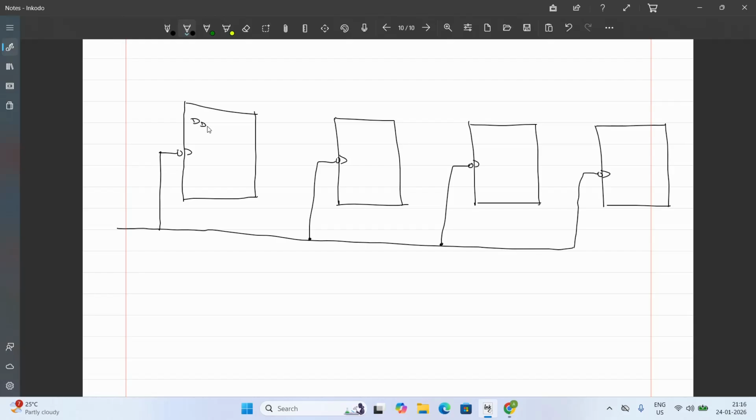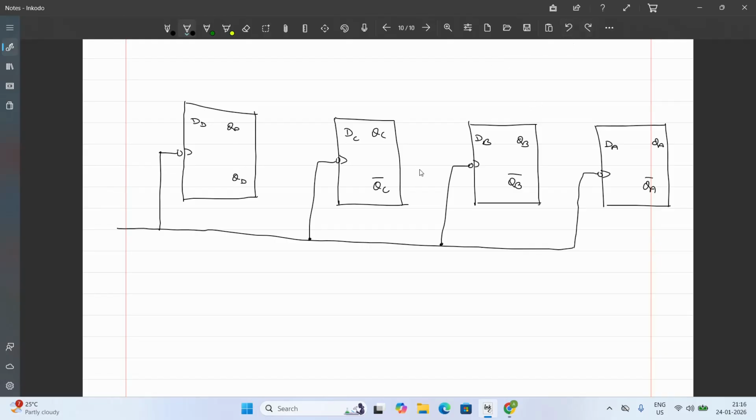And you have a D flip-flop, so only one input will be there: DD, DC, DB, DA. Outputs will be QA, QA bar, QB, QB bar, QC, QC bar, QD, QD bar.